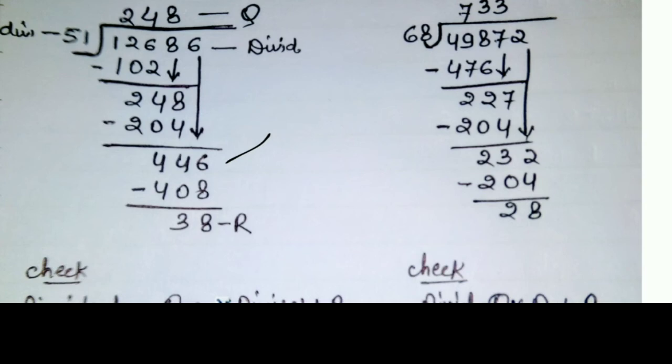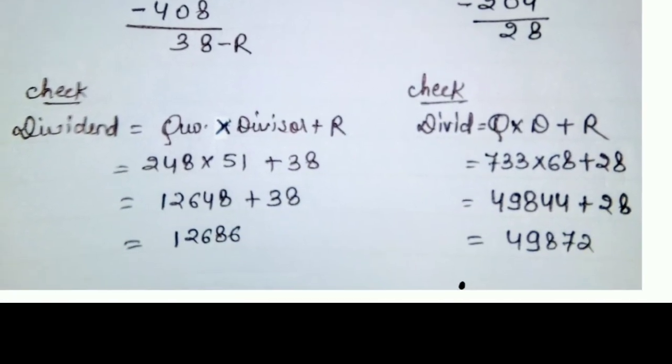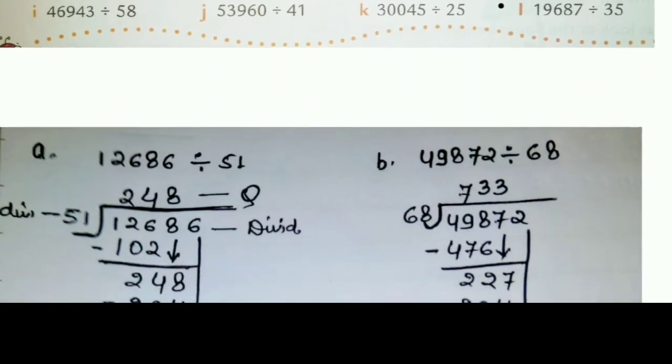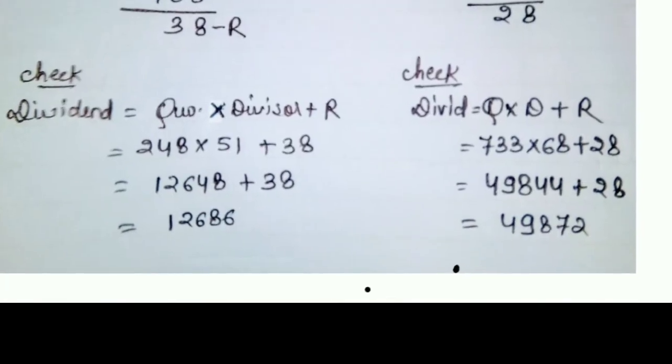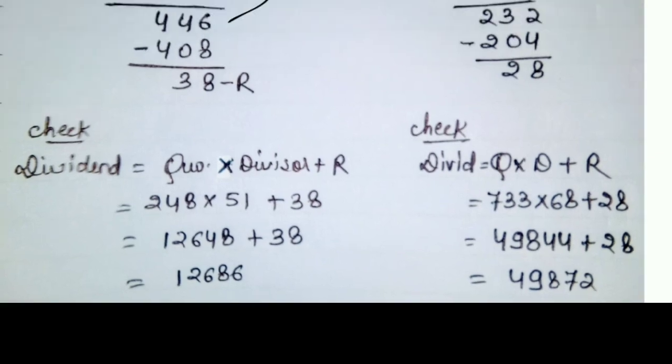So now according to the question we have to check our answer also. So check dividend. See, dividend equals quotient multiplied by divisor plus remainder. So what is the quotient here?